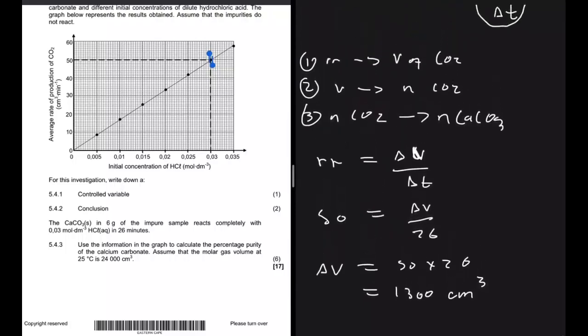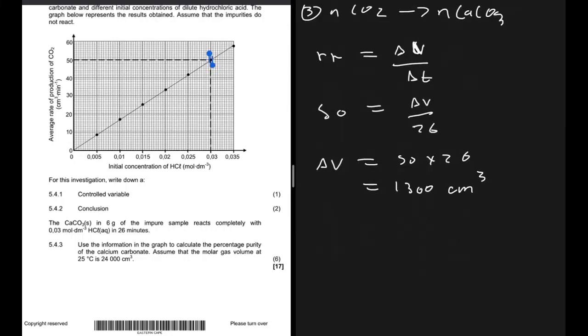So now we have determined the volume of CO2, like we said. The second step is now to determine the number of moles of CO2. And that is given by number of moles equals the volume divided by the molar gas volume, which equals the volume we just determined, 1,300, and the molar gas volume is 24,000, right?